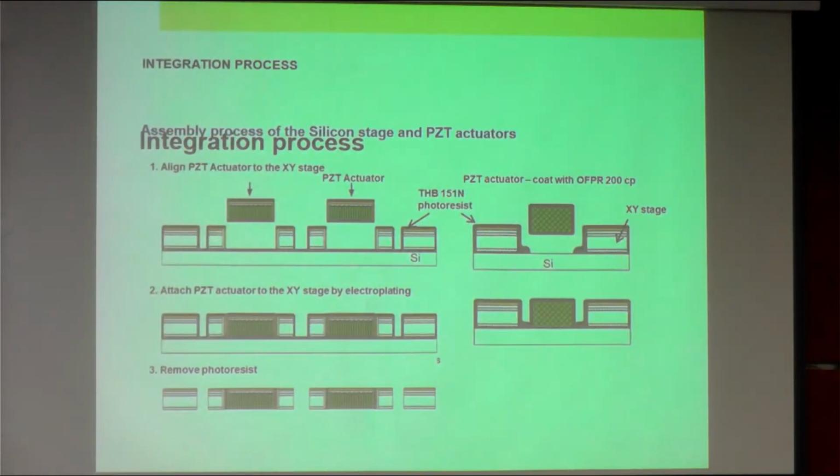So this is the process of integration. Align the PZT actuator to the XY stage. You have a PZT actuator here, then align it well with the microstage, and place it accordingly. We use a piezoelectric actuator coated with photoresist as well. Why is it coated with photoresist?